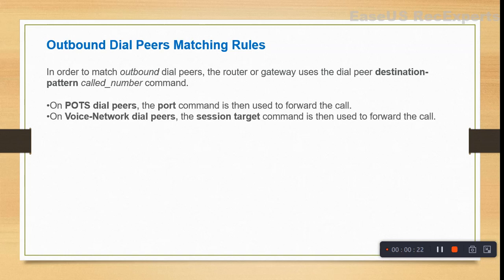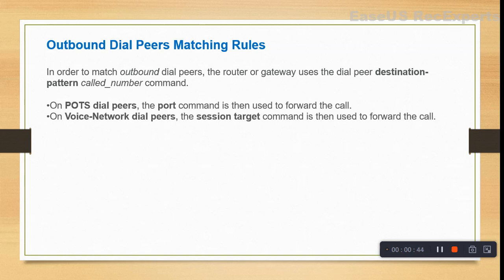Now, in outbound dial peer matching rules, router always uses destination pattern command and dialed string or the called number DNIS to match and send the call to that destination. So this is outbound dial peer matching rules.